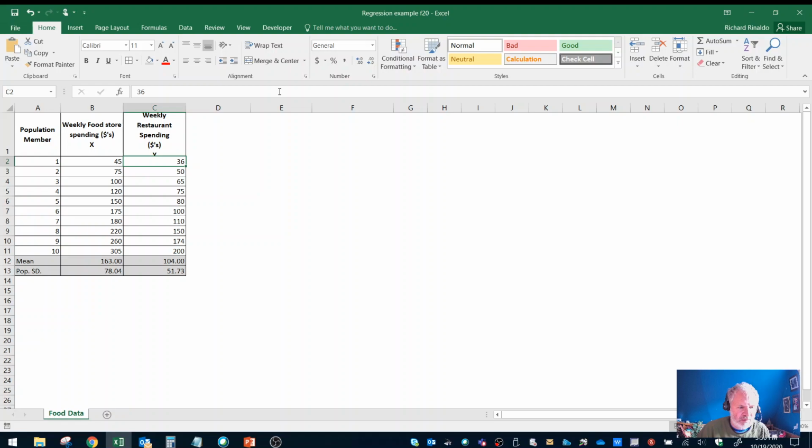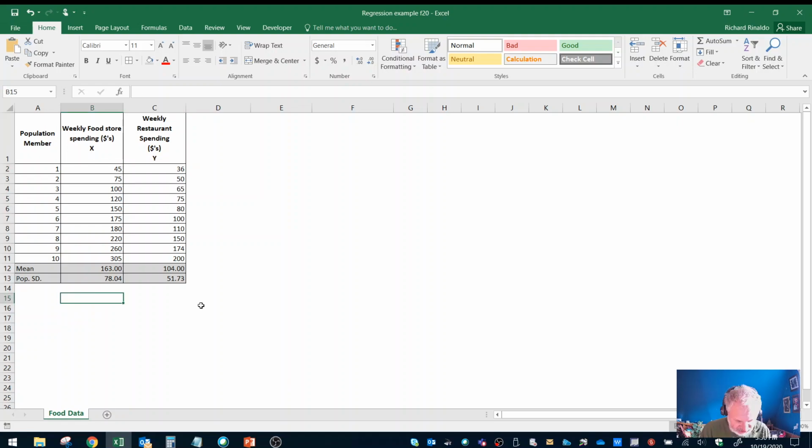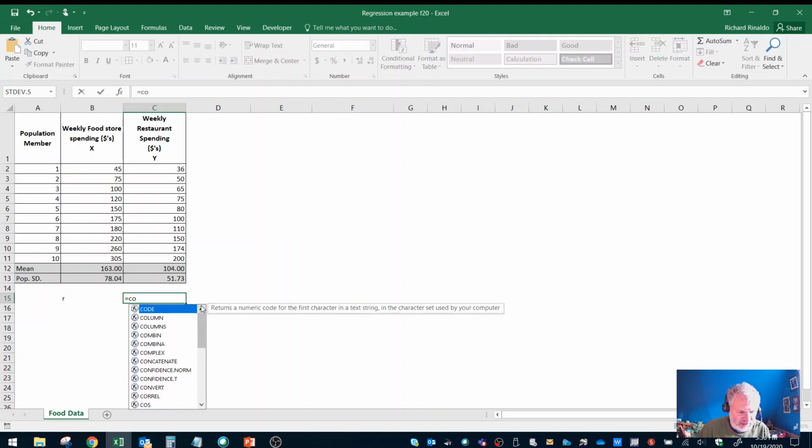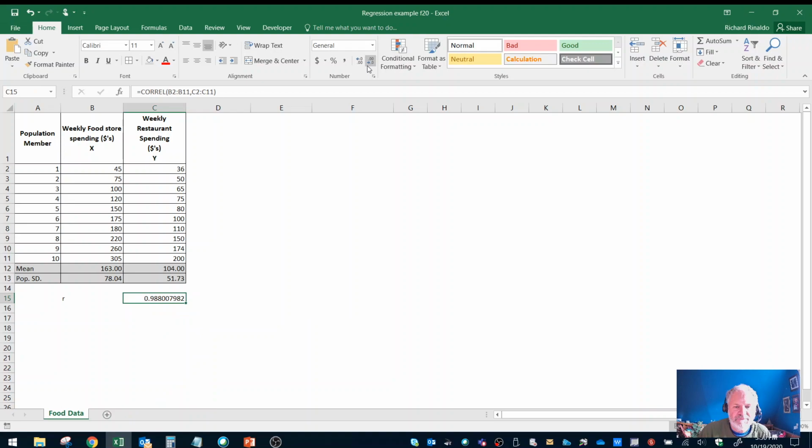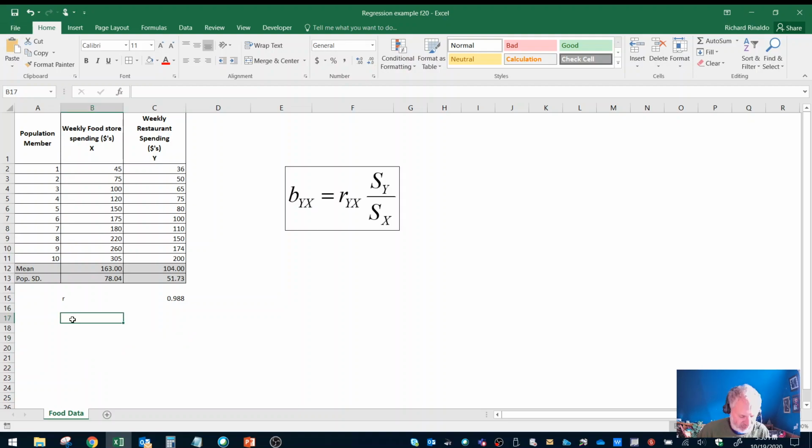So I need the r, my correlation coefficient, and it is equal to, I'll use the Excel function, correlation between x and y. And we know it's 0.988. Now, the slope function, I'll call it b.